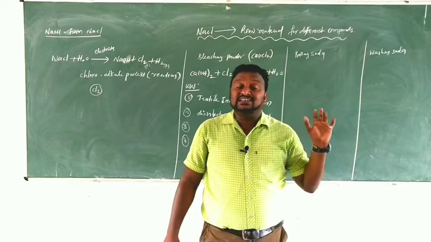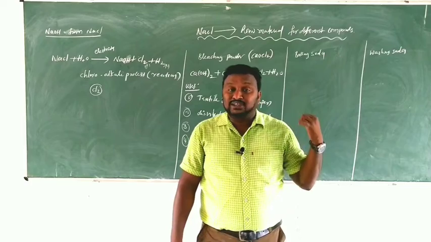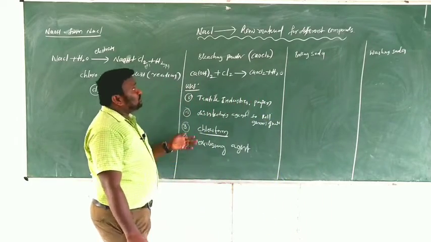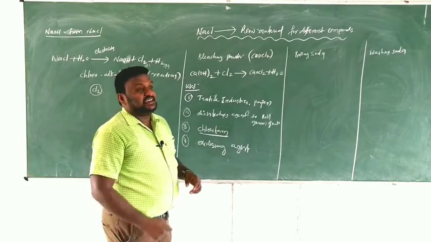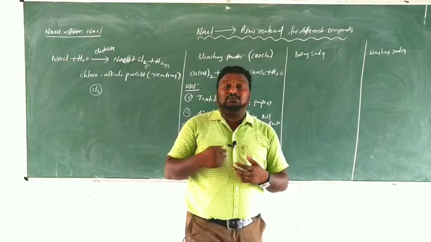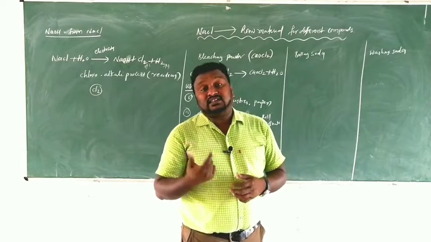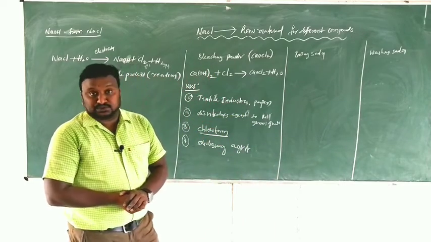That spray is what? Chloroform. In the preparation of chloroform also, bleaching powder is used. And the same bleaching powder is used as an oxidizing agent, where we want to remove hydrogen or combine oxygen with other compounds. For that purpose also, bleaching powder is used.